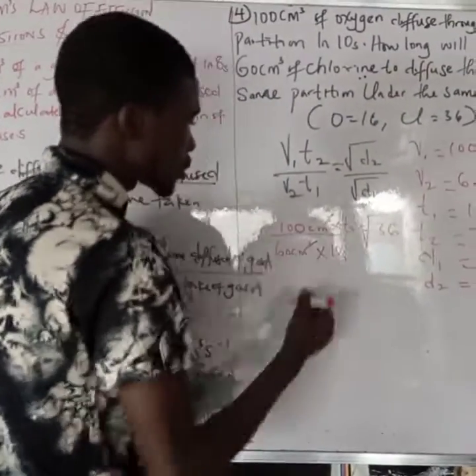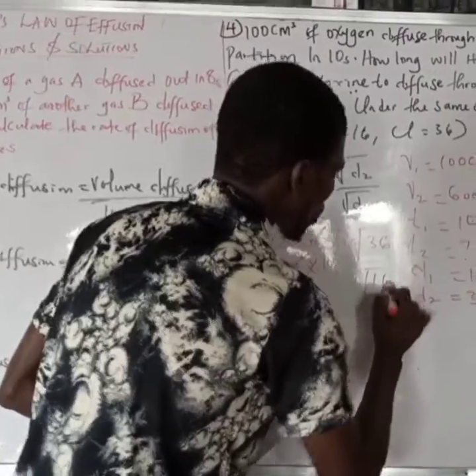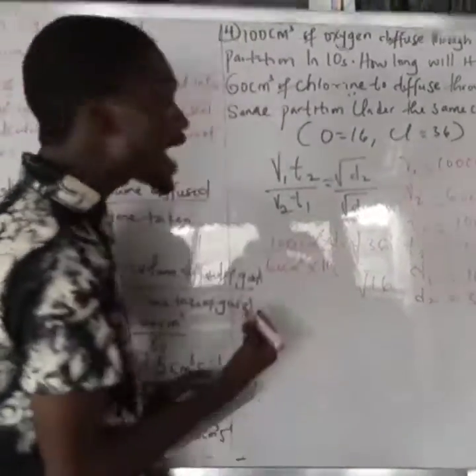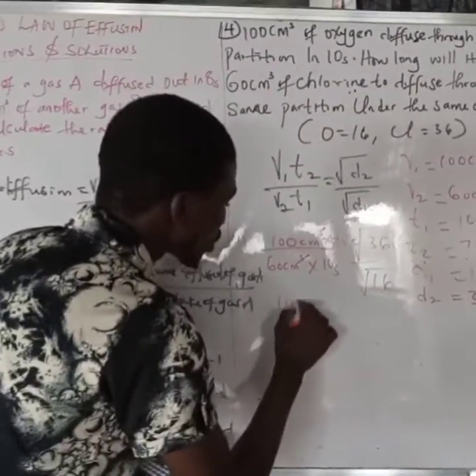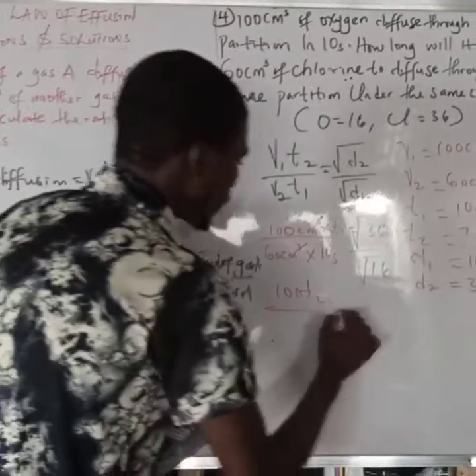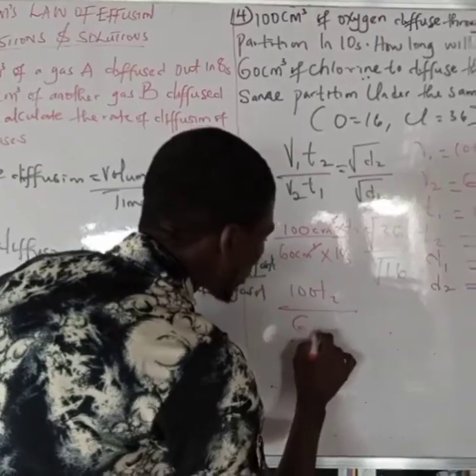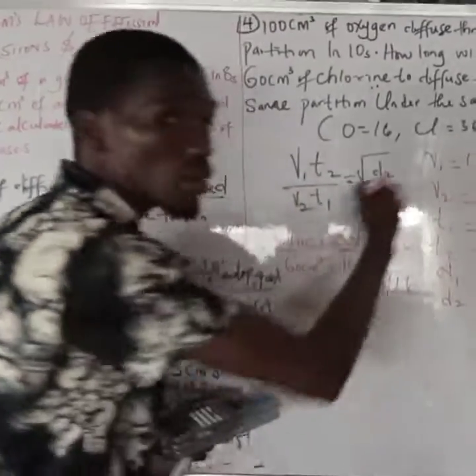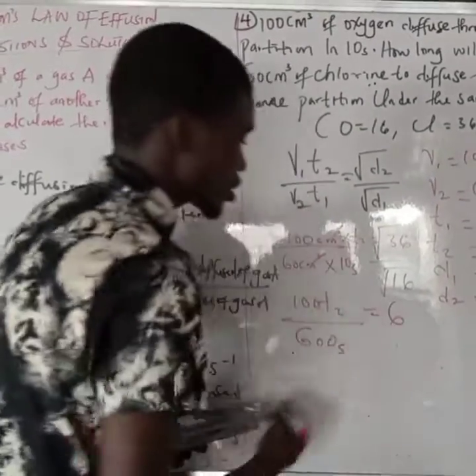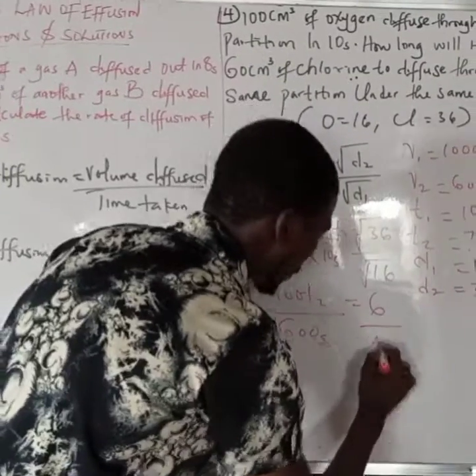The cm³ cancel, divided by the square root of 16. So 100 multiplied by T2 we have 100 T2 divided by 60 multiplied by 10 seconds. The square root of 36 we have 6. The square root of 16 we have 4.